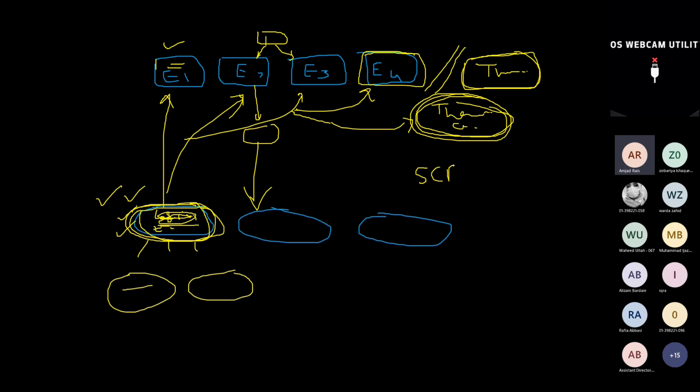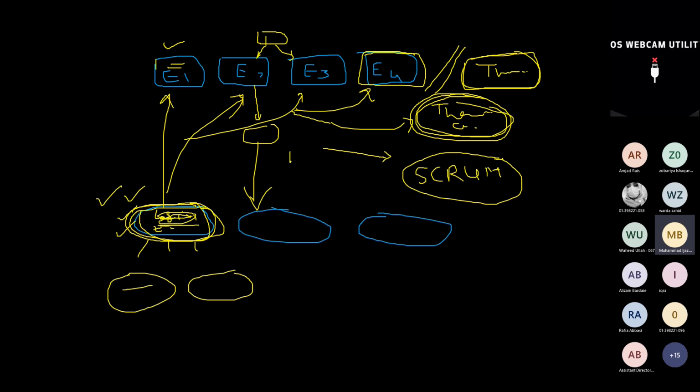Sorry for the interruption, the prayer is after 2 minutes. Okay, I'll conclude this and then resume at 7:30. Scrum is just a framework that we can use to implement the adaptive methods or agile approaches. Is it clear?